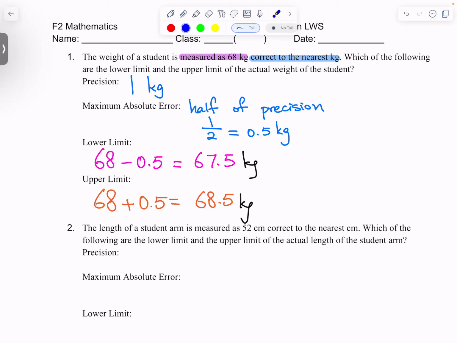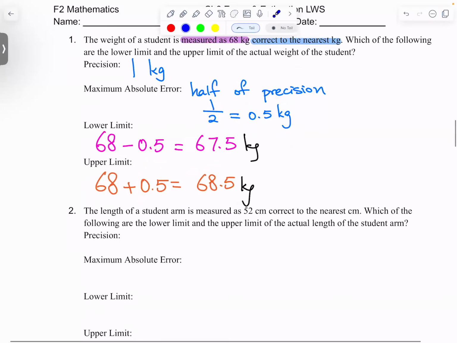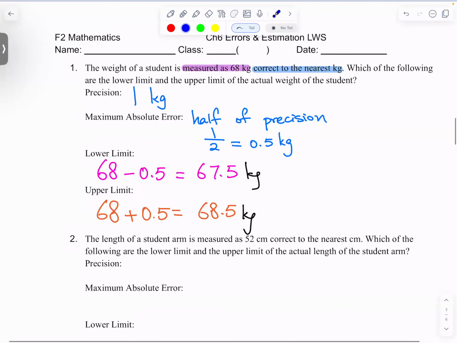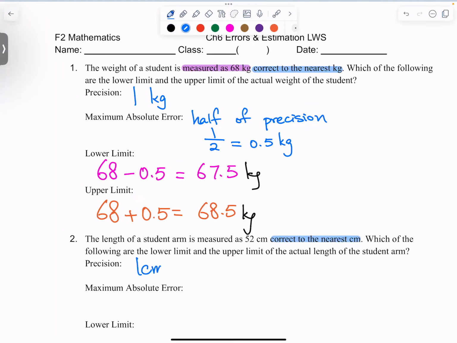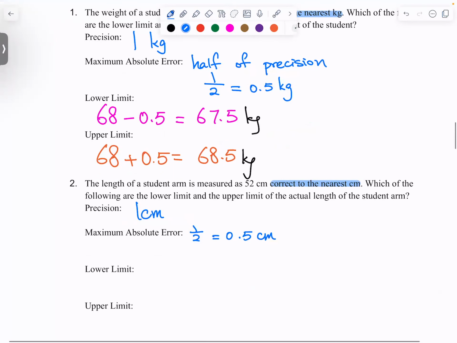If that's the case, I have 3 minutes for you to do this. Can you first of all quickly highlight it or find the precision? It's correct to something cm. So the precision is 1 cm. If you have your precision, that means you have your MAE, which is half of the precision, so 0.5 cm. After having your MAE, you can have your lower limit.